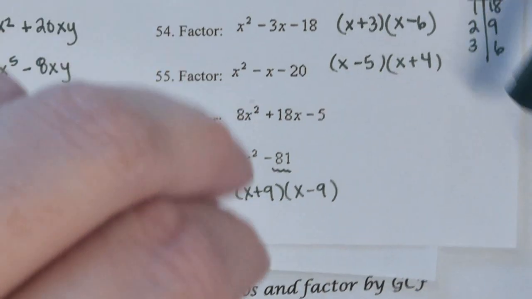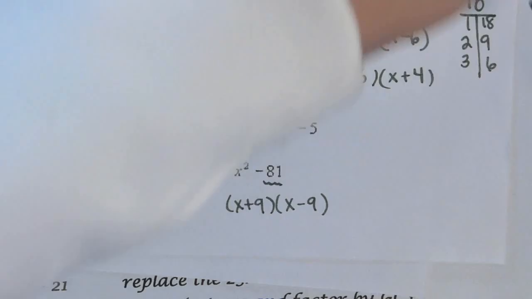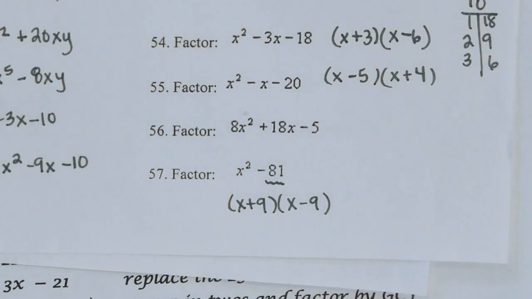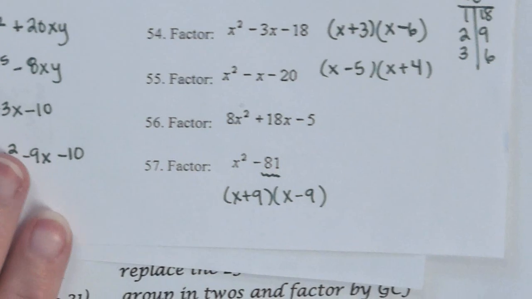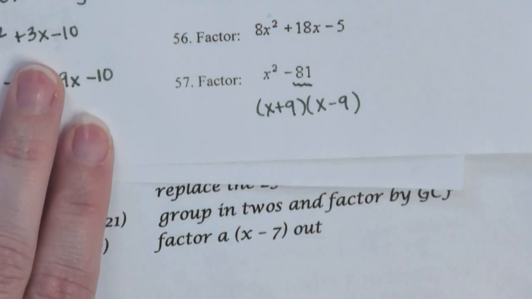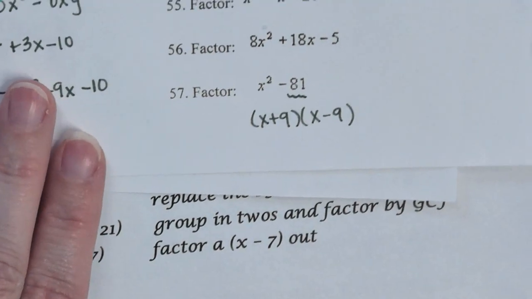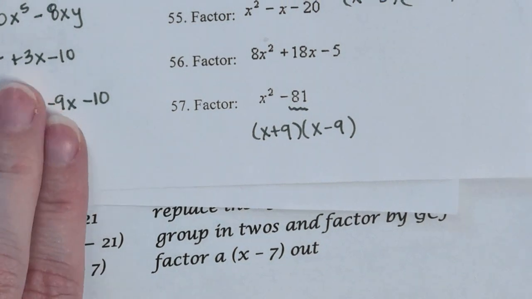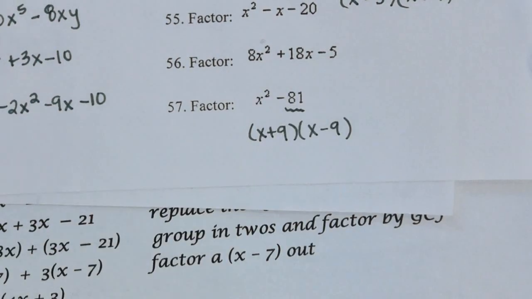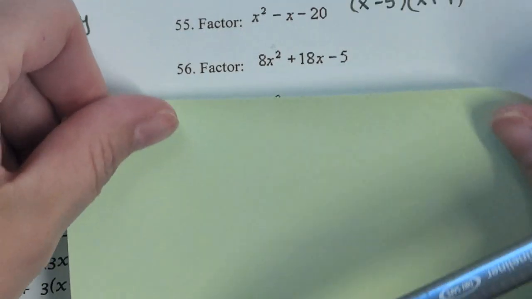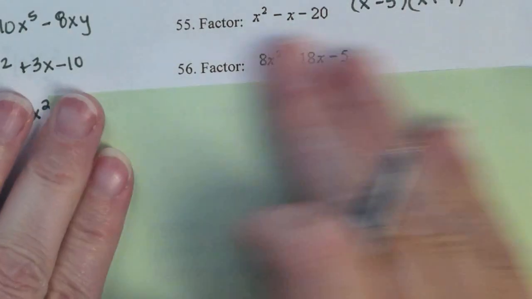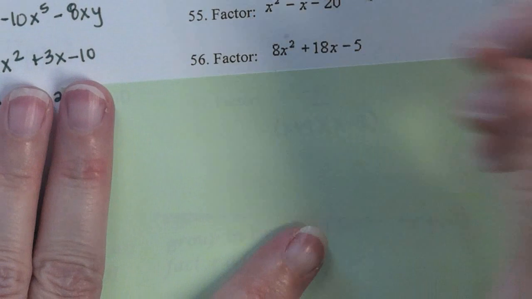Alright, now 56 is special because the leading coefficient is not 1. And what that means is we're going to have to do some guessing and checking. But there is a silver lining. 5 is a special type of number. Does anybody know what type of number I want you to recognize that as?